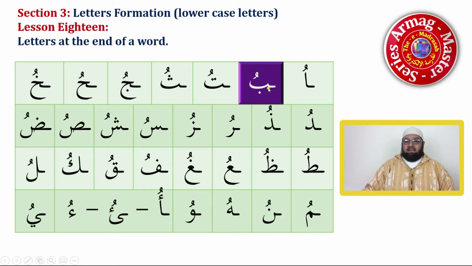Ba again has the connection line before it, and after it there is no connection line. So it tells us that Ba is the last letter in that word. So whenever we see a letter like this, we are able to identify it as the letter at the end of a word. So let's read the lesson from the third letter.